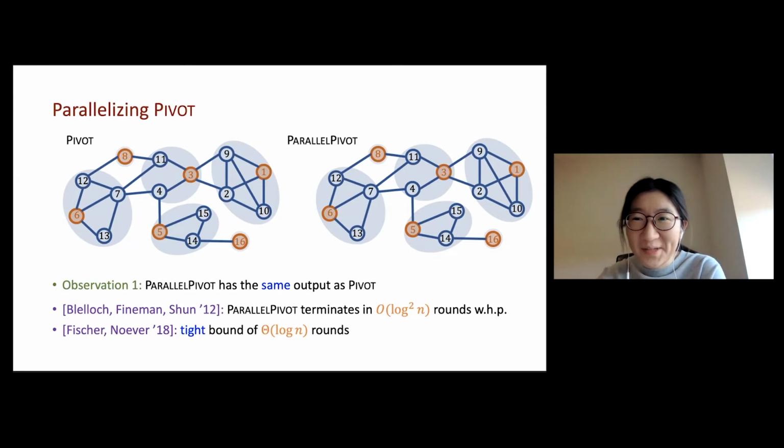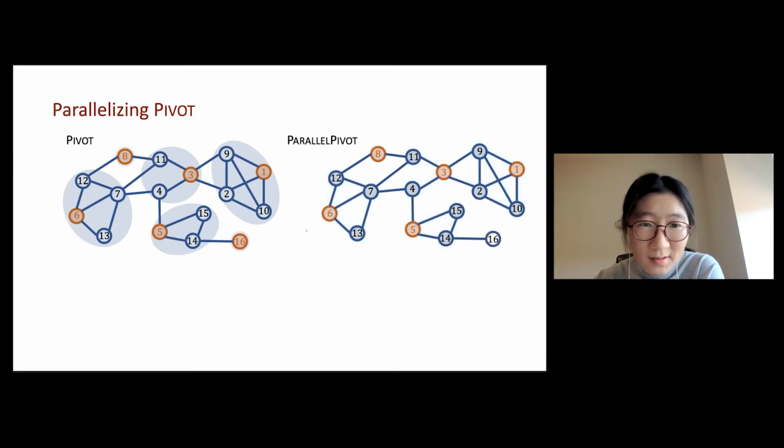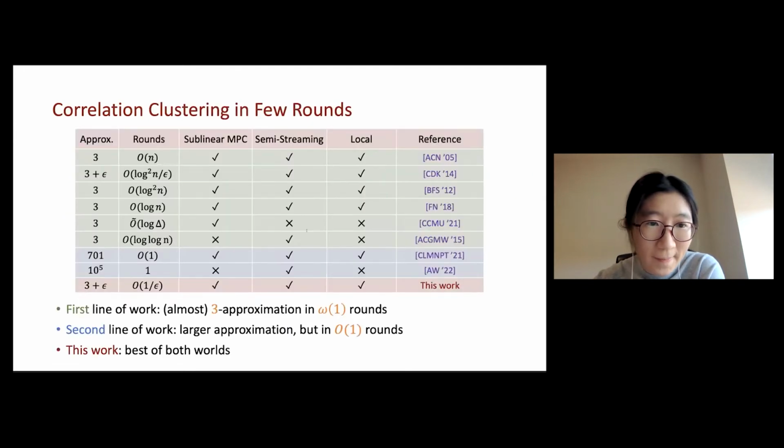I'm actually not sure about the exact algorithm that you're talking about, but there do exist different versions of the parallel implementation of the pivot algorithm. So for example, there's this 3 plus epsilon approximation where the key insight is that in each iteration, every vertex has equal chance of being marked as a pivot.